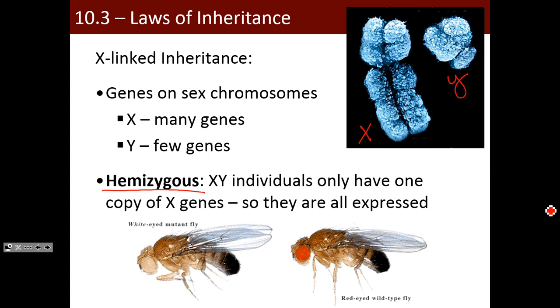So whatever it gets on the X chromosome, whatever variant of the gene it picks up, that's what's going to be expressed. There is no dominance or recessiveness because there's nothing to mask a trait, right? The X is just expressed as it is. Okay? So XY individuals are hemizygous for anything that's found on the X chromosome.